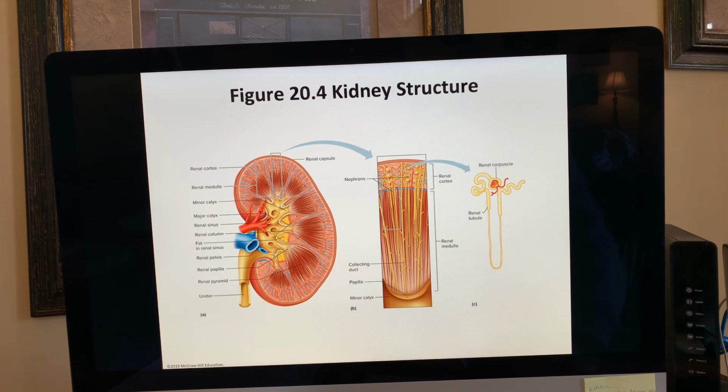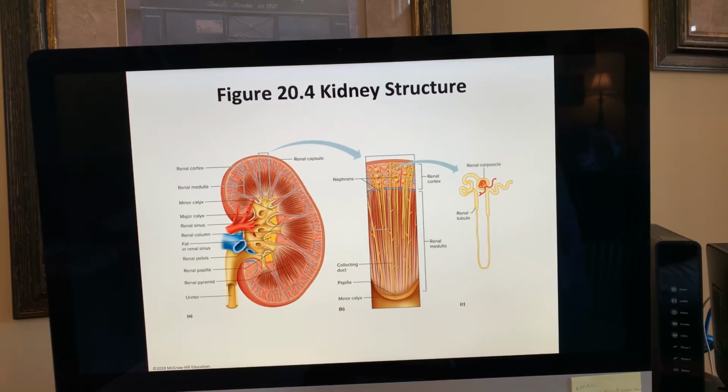On this diagram here, what you see is a hemisected kidney. You see the renal artery entering, shown in dark red, the renal vein leaving, shown in blue. The renal pelvis is in yellow here, and then the cortex being in this region here, inside the fibrous capsule, and then these are the pyramidal-shaped renal pyramids.